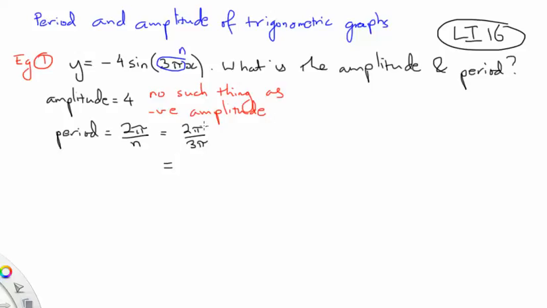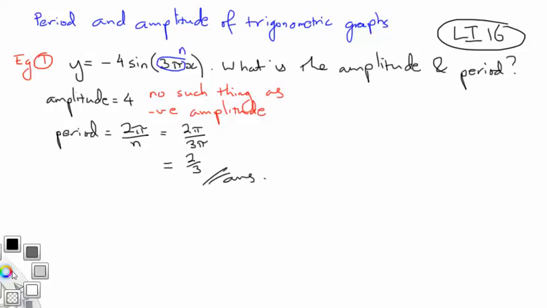The pi's cancel, so our period is 2/3. There's our answer. And this all applies to the cosine function as well, so you can find the amplitude and period of the cosine function in the same way.